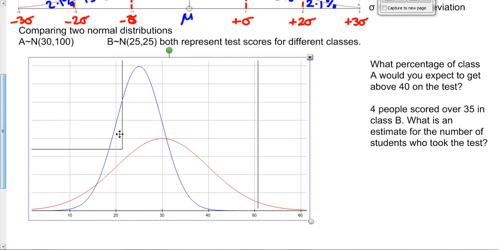This one is centered around 30 and this one is centered around 25, so you can tell that the red one is A and the blue one is B. You'll also notice that one's higher than the other, and actually the height of this one is half the height of this one, but the blue one is narrower, and the narrow one represents the smaller standard deviation and the wider one represents the larger standard deviation.